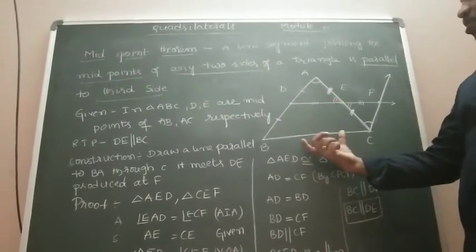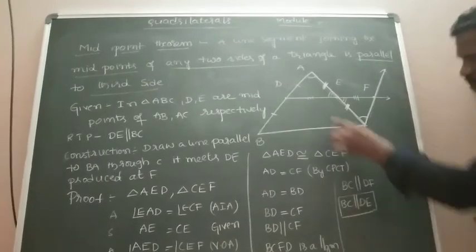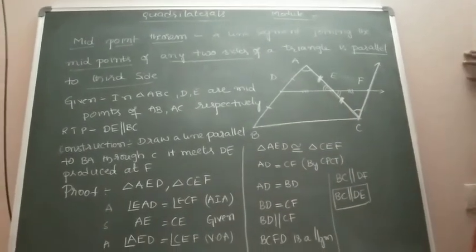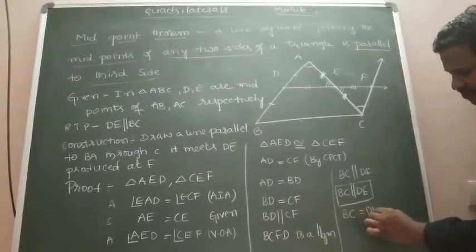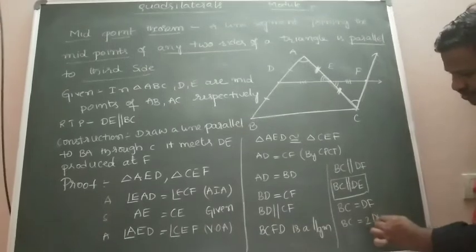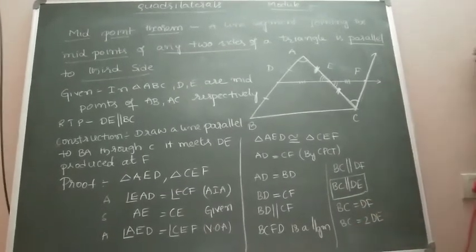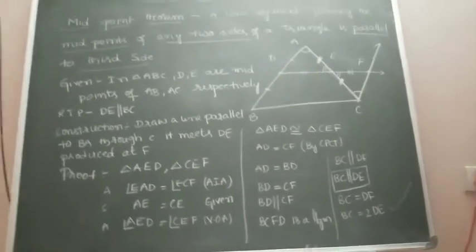In a parallelogram, opposite sides are also equal. BC is equal to DF, Nana. BC is equal to 2 times DE. Then DE is equal to half of the BC. That also we can write, children.